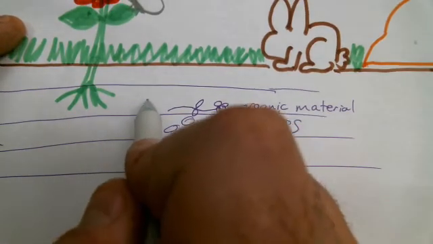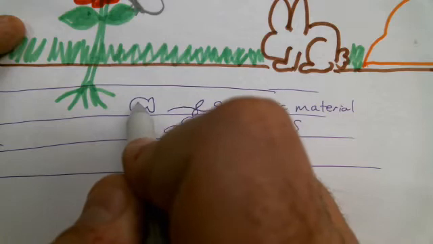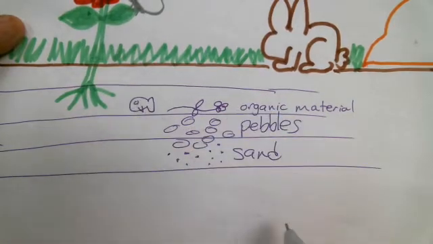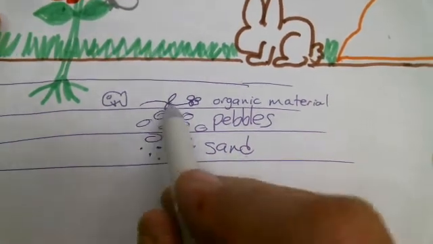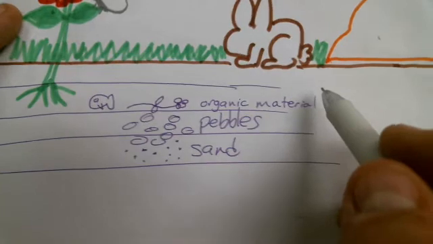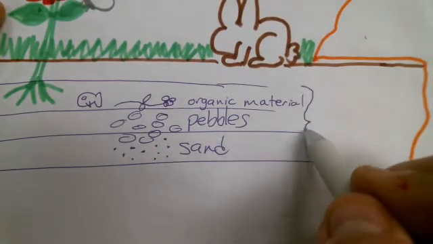Along with that organic material, you might have buried fish or other kinds of fossils. So all of these different kinds of materials can be called sediments.